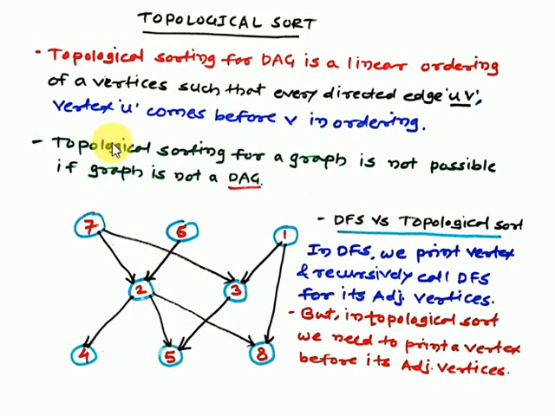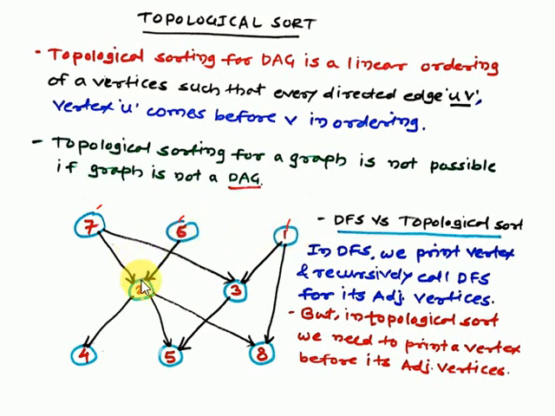But in topological sort we start with the vertices having in degree 0. In degree means the total number of incoming edges. Here vertex 7, vertex 6 and vertex 1 have in degree 0. So we will visit vertex 7, then vertex 6 and then vertex 1.